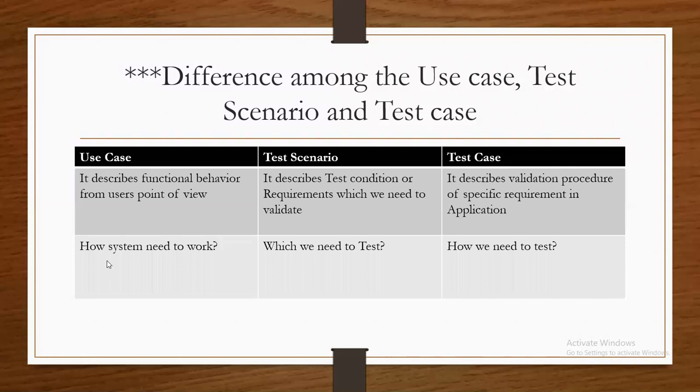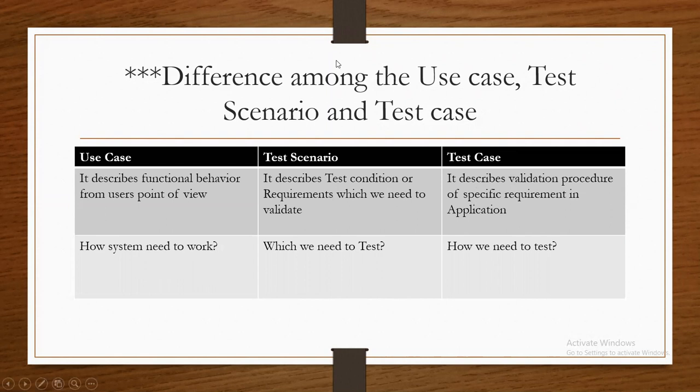That means what we need to test is the test scenario. The use case is how the system needs to work. Then a test case describes the validation procedure of a specific requirement in the application. That is how we need to test it.